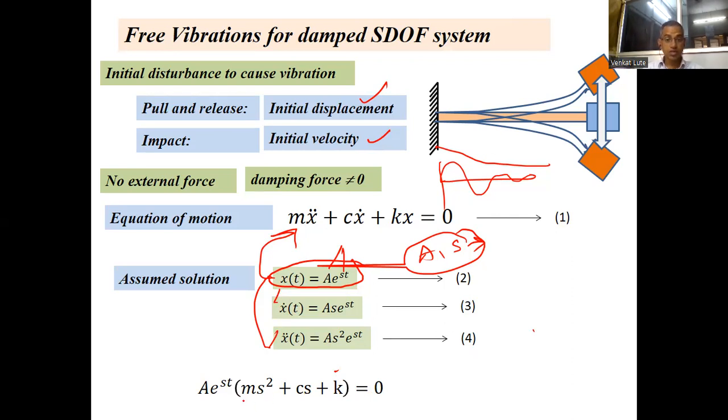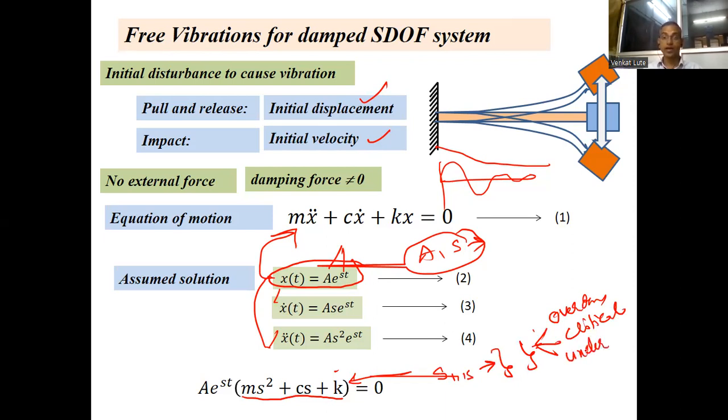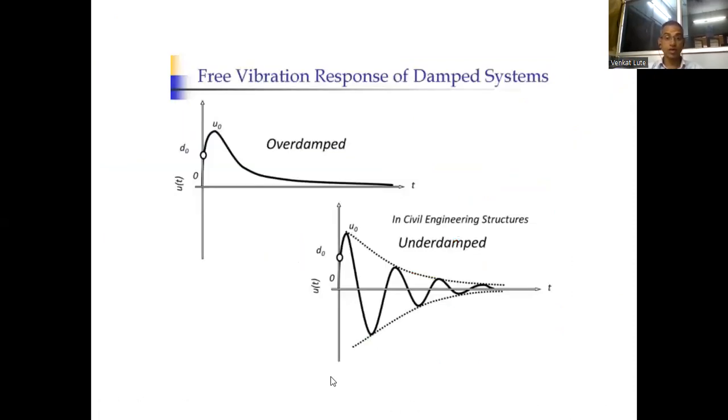So this is the term which gives you a quadratic equation, and it has two roots of s, s1 and s2, and depending upon whether they are negative roots or imaginary roots, we get three different responses called over damping, critical damping, and then under damping. Under damping is not undamped, it is under damping. So these things can be learned.